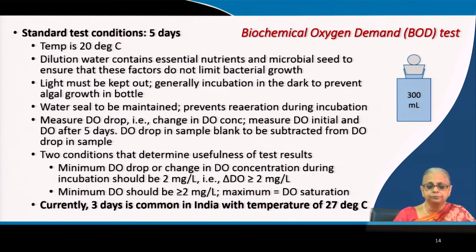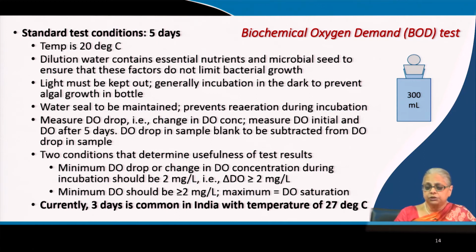Then we come to the end of the 5-day test. At the beginning of the test, we take the DO concentration in the mixed bottle. So you sacrifice the first bottle, determine the DO in the mixed contents of the bottle. At the end of 5 days, you measure the DO concentration again.